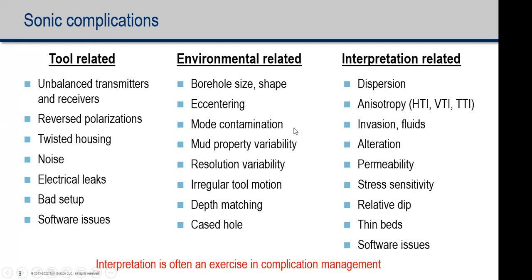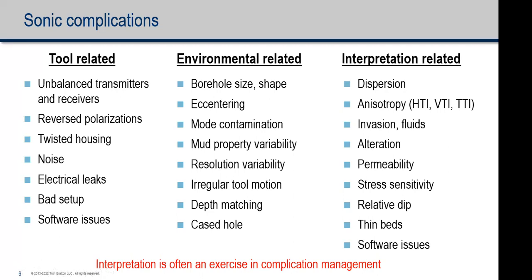So Eddie, you're absolutely right. Some of this has been studied. We know how the casing and the cement can affect the slownesses, and that's all good. But yet we don't take that into account whenever we're quantifying anisotropy, for instance.